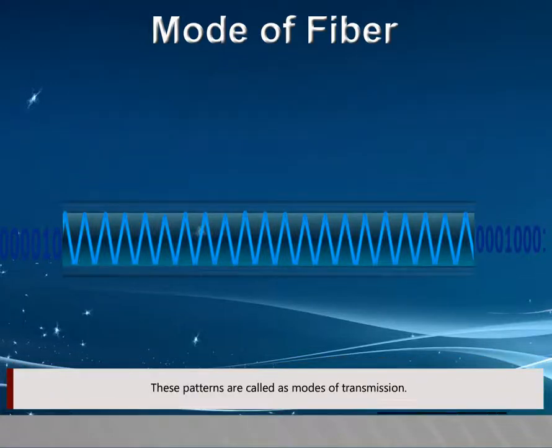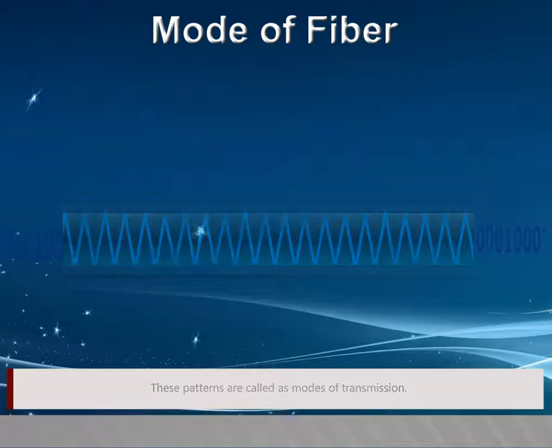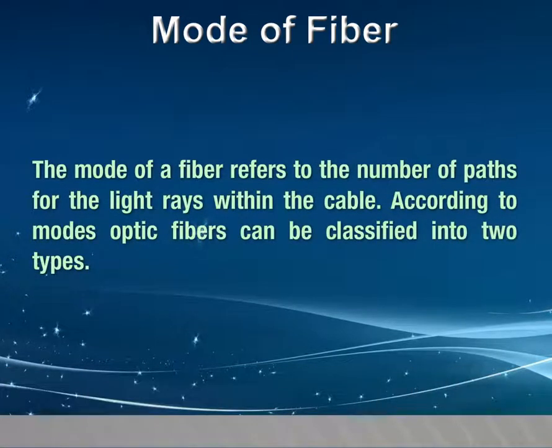These patterns are called modes of transmission. The mode of a fiber refers to the number of paths for the light rays within the cable. According to modes, optic fibers can be classified into two types.